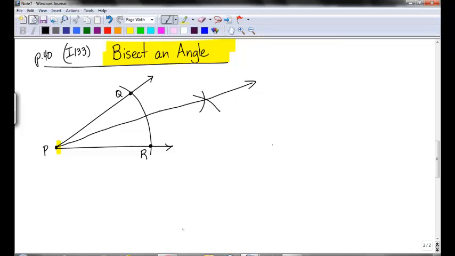Okay, and they're labeling this as point T, and PT, that ray, bisects angle QPR. The vertex of your angle is always in the middle.